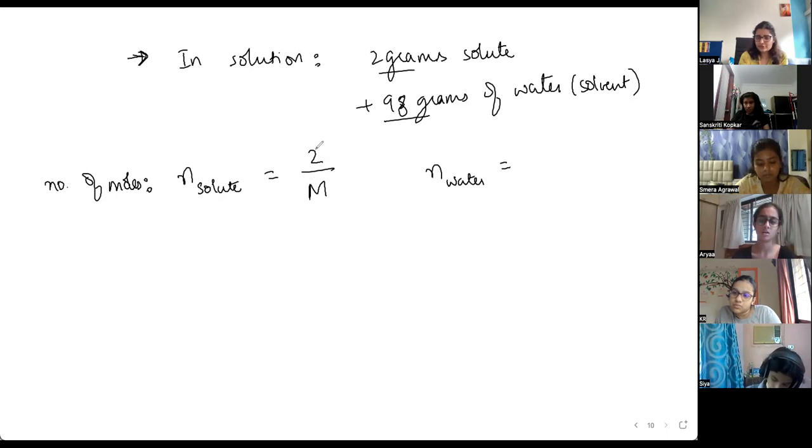That's why I've kept it as 2 divided by M. The 2 you got from the 2 grams. And number of moles of water, can you find out? 98 upon 18, no?